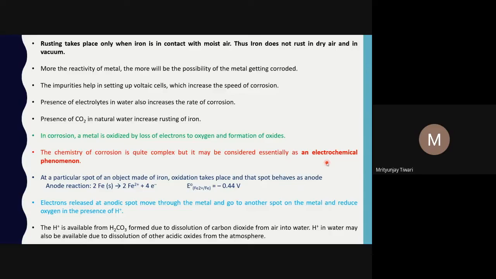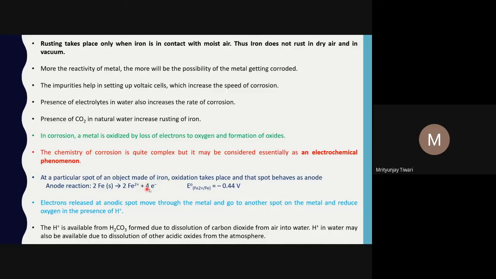So if the iron metal is there, wherever a spot is exposed to water, oxygen and other materials, that portion may behave as the anode. Once it behaves as the anode, it will oxidize the metal there, and the iron will be oxidized into Fe2+.